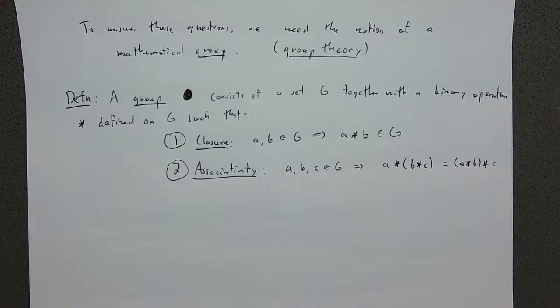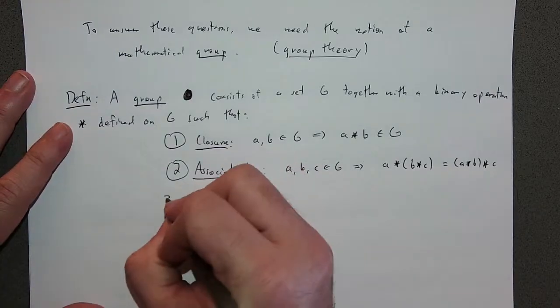So it satisfies the associative property. From this, you can prove generalized associativity for any number of terms in your product, not just three. Use induction to do that if you want.